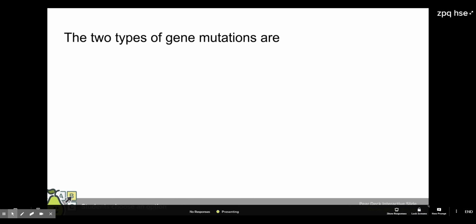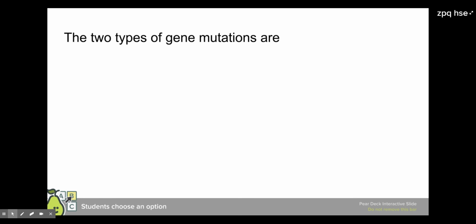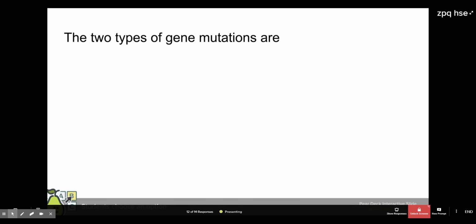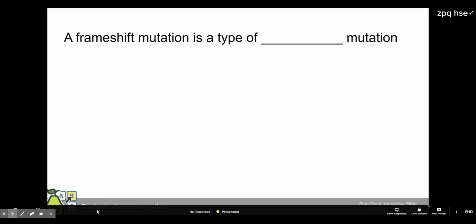The 2 types of gene mutations are, so gene level, that's point and frameshift. A frameshift mutation is a type of what mutation?